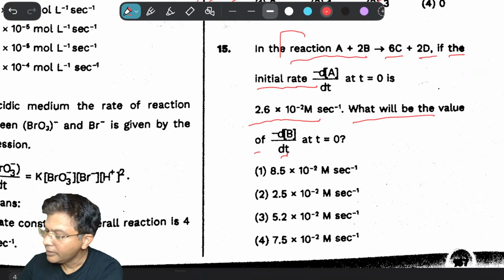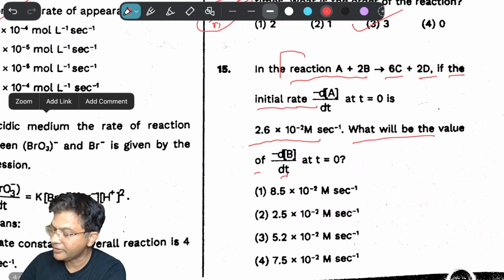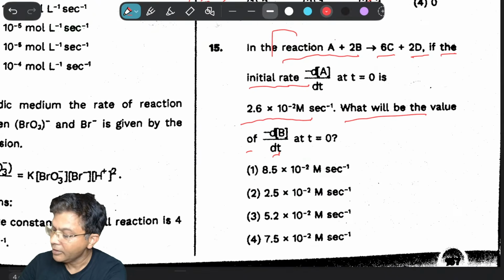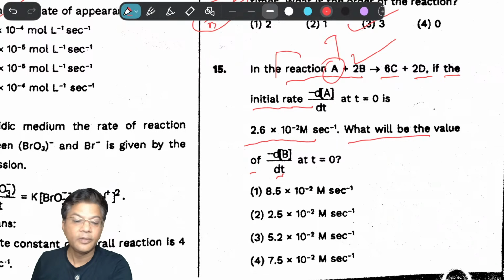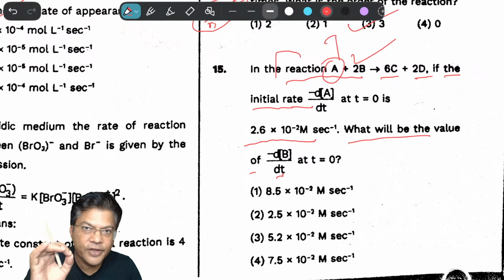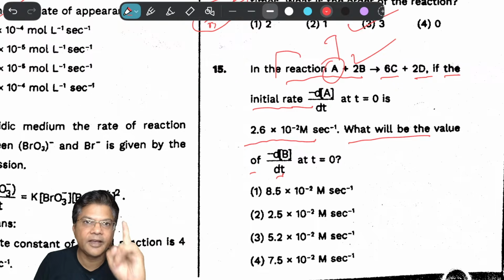So you see, as I have told you, the simple way: when 1 mole of A is getting decomposed, twice that of B is getting formed. The rate of change of concentration of B is 2 times that of A. So when A is 1, B is 2; A is 2, B is 4; A is 4, B is 8; A is 10, B is 20.